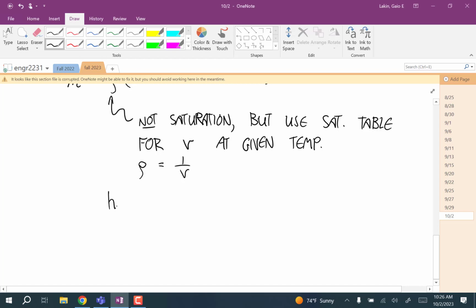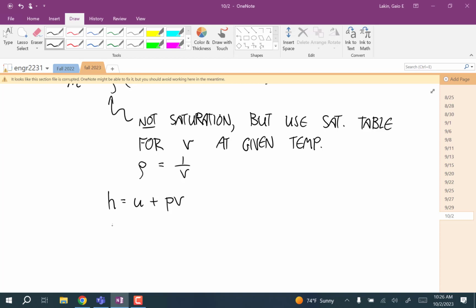So the enthalpy is equal to the specific internal energy plus PV. We can assume this is incompressible, so V isn't going to change. For an incompressible material, the specific internal energy only depends on temperature, remember? And so this isn't going to change. There's no reason to think the pressure is going to change.